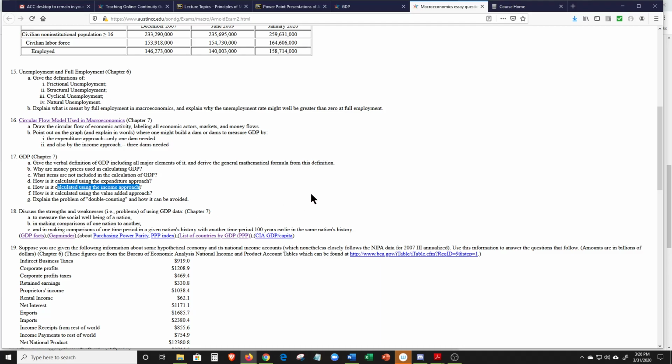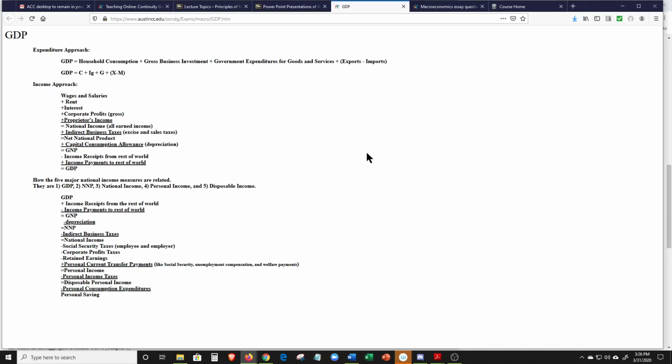This handout shows the expenditure approach up here, C plus IG plus G plus X minus M, that is household consumption, gross business investment, government expenditures for goods and services, and net exports, exports minus imports.